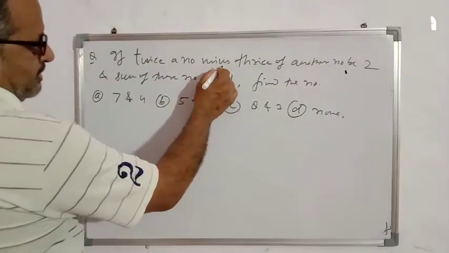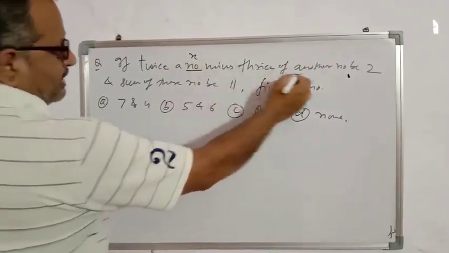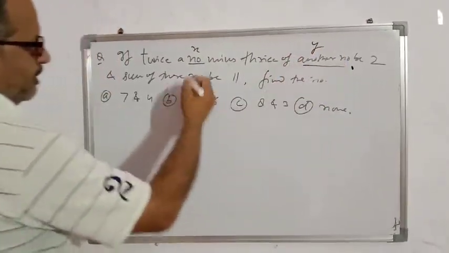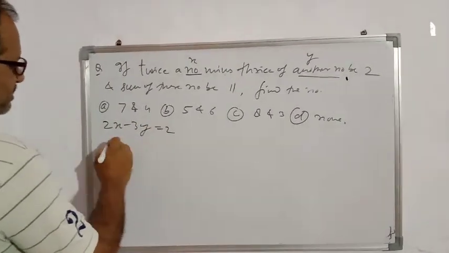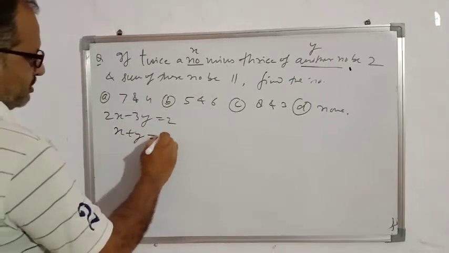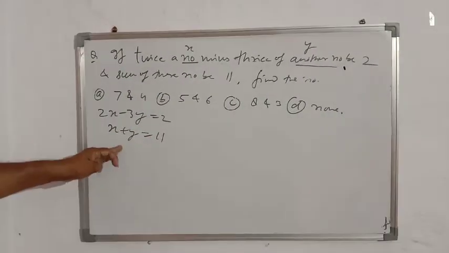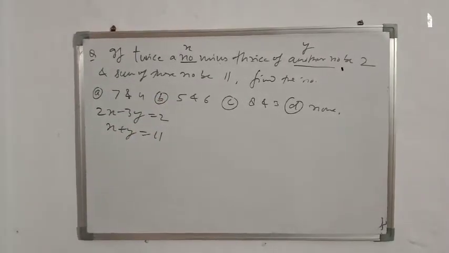Twice a number minus thrice of another number. Let the number be x, another number be y. How will we make the equation? 2x minus 3y is equal to 2, and the sum of the numbers is 11, so x plus y is equal to 11. Now we will solve it to find the numbers.